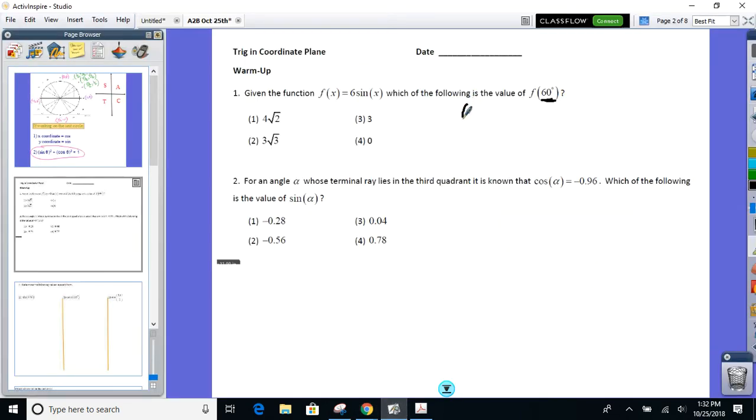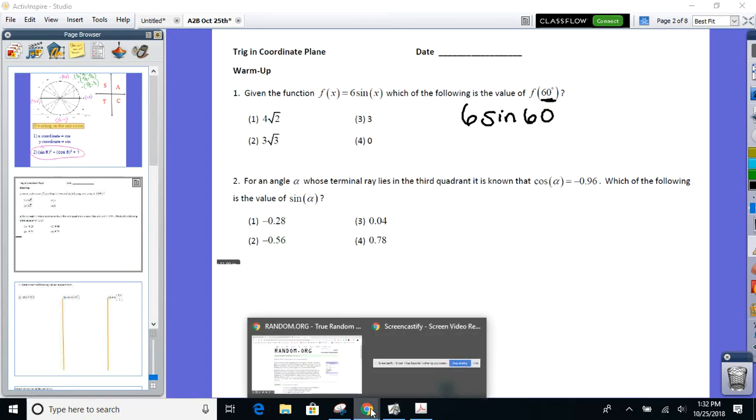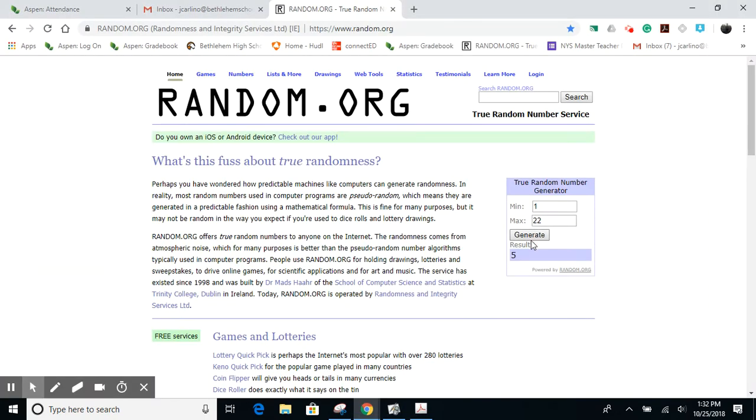Darn right. So it's going to be 6 sine 60. The sine of 60. Don't try to touch your calculator. Sine of 60. Think of 60 and what coordinate? The y coordinate at 60. What do you got for me?